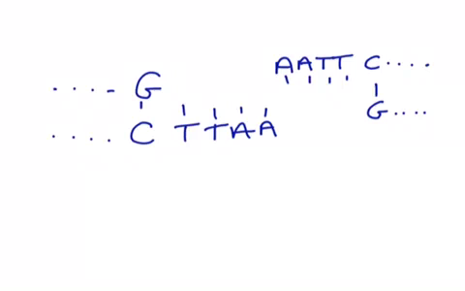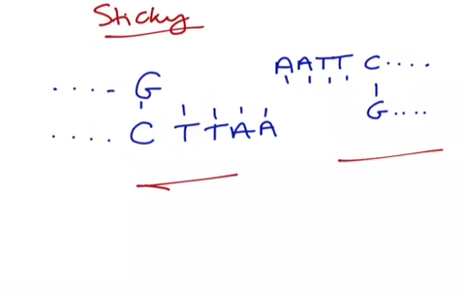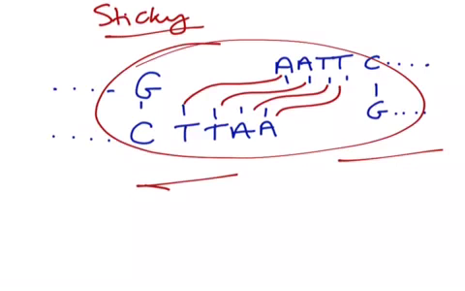Alright, so a sticky end cut means that if these two pieces of DNA were ever put back together again, and an appropriate enzyme added, then the complementary base pairs would join up again. So A would join to T, A to T, T to A, T to A, and you would join the molecule back together.